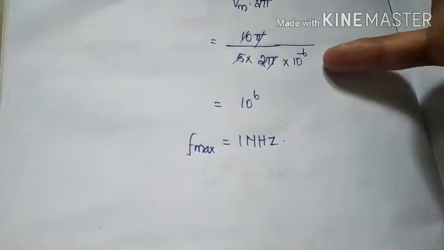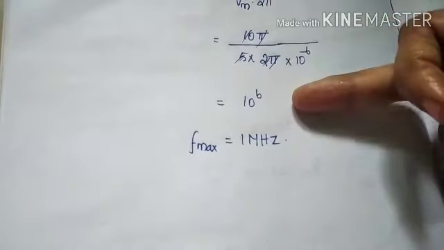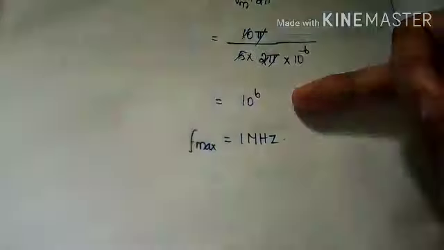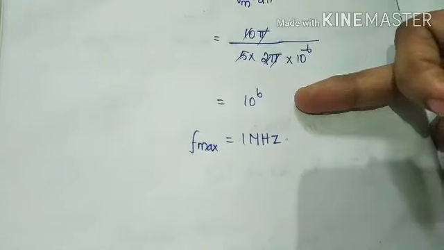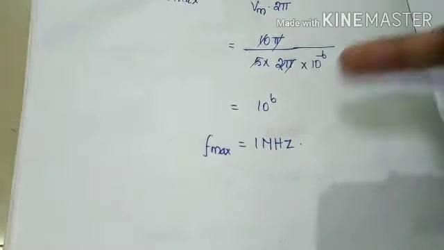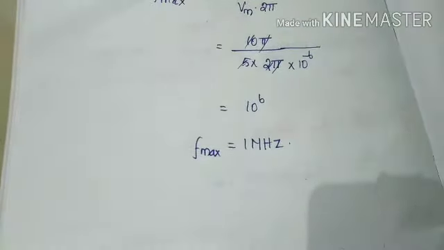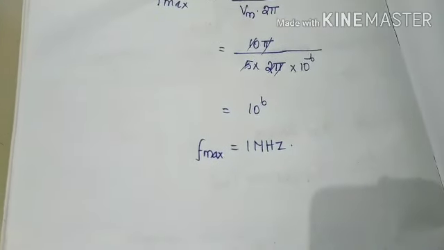By taking this 10 power minus 6 to the numerator, I get 10 power 6. So our maximum frequency is 1 megahertz, that is 10 power 6 hertz, right? That's all. This is the answer for this problem.